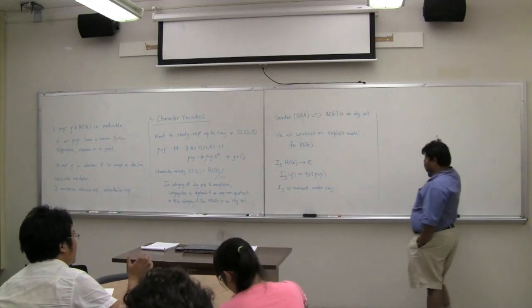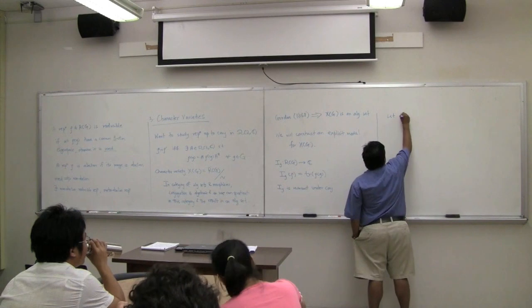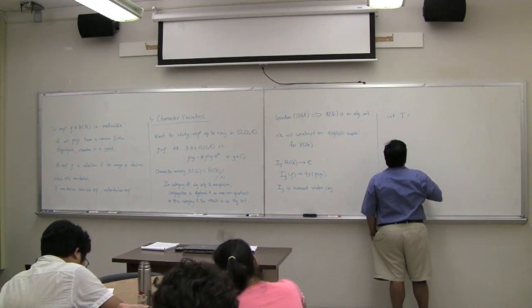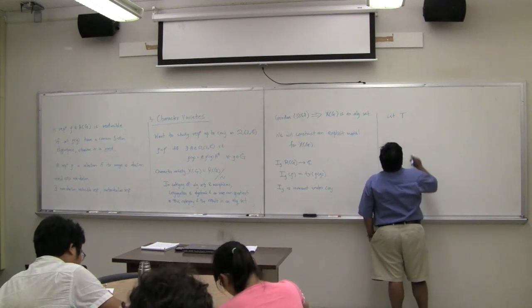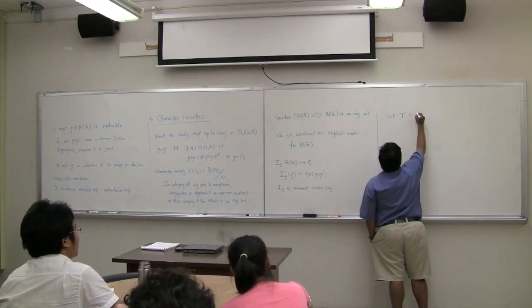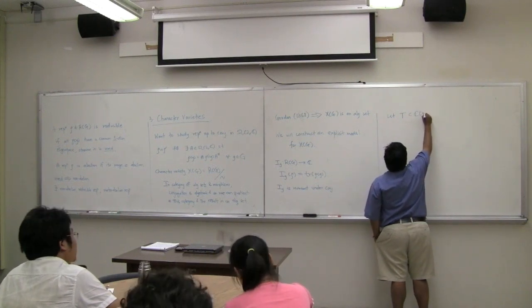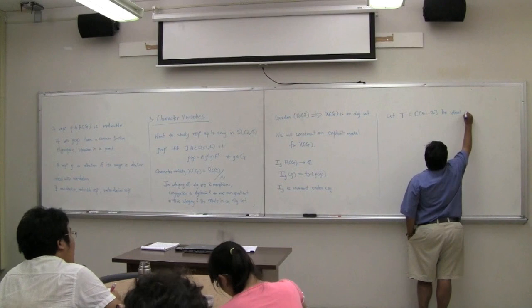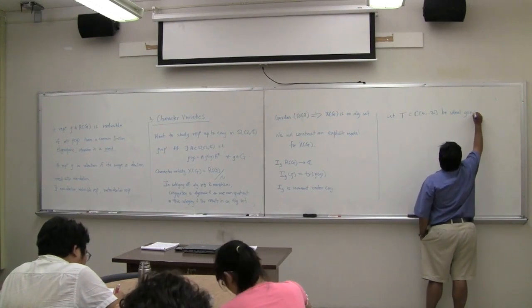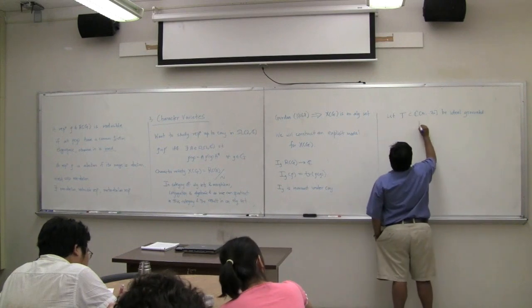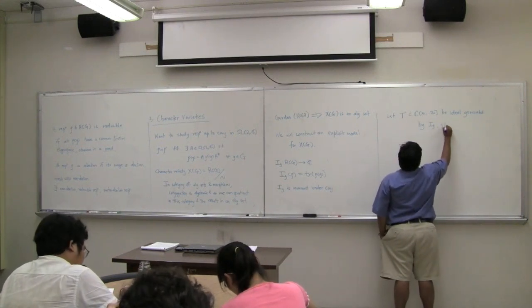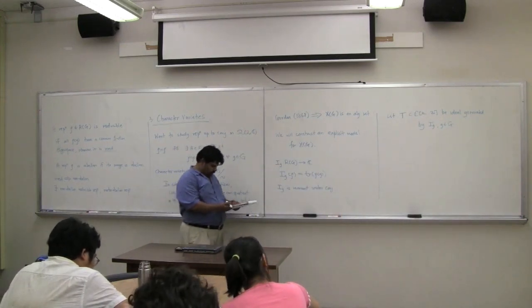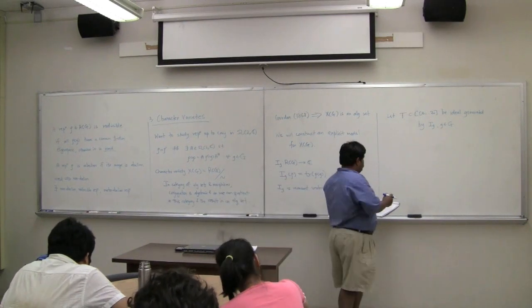So in short, what I'm saying is let T be this ideal generated by... no, I'm sorry.